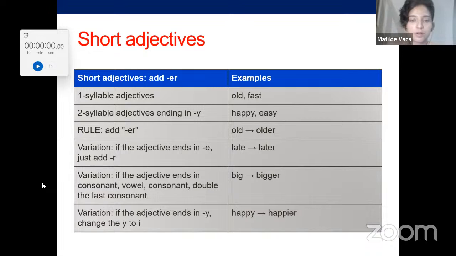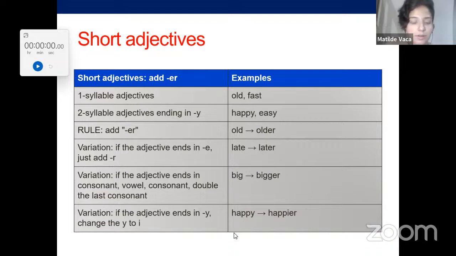I'll just read the chart with the examples. Yes, please. I have the rule that you have here, 1 syllable, 2 syllable, and the examples, please. Okay. 1 syllable adjectives: old, fast. 2 syllable adjectives ending in Y: happy, easy. Rule: add -er.